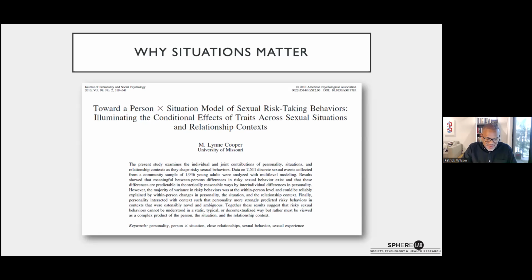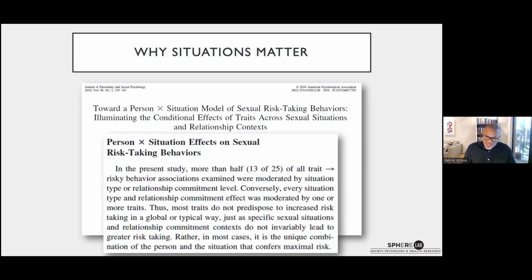One of the papers that has influenced me and that I still go back to was by Lynn Cooper, who wrote a piece in JPSP looking at persons and situations as they relate to sexual risk behavior. And one of the key things that she notes in this study is that traits are not necessarily going to predispose people to increased risk in a global or typical way.